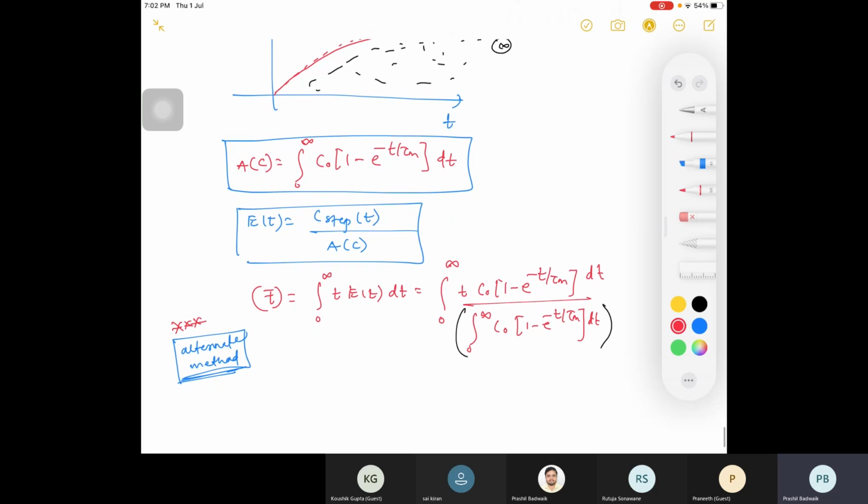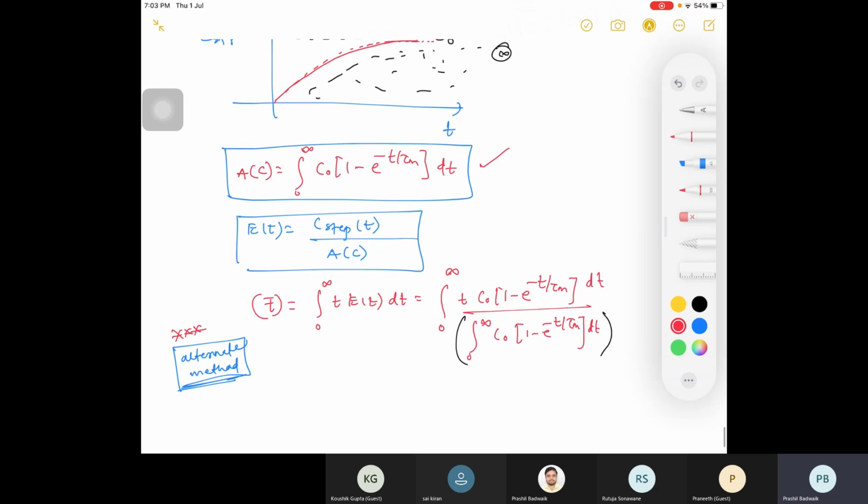What is this area that we calculated? This is the area under the C curve on the x axis, or projected on the y axis. You are having a shadow on the x axis, right?